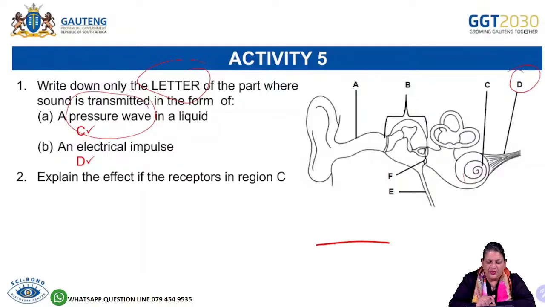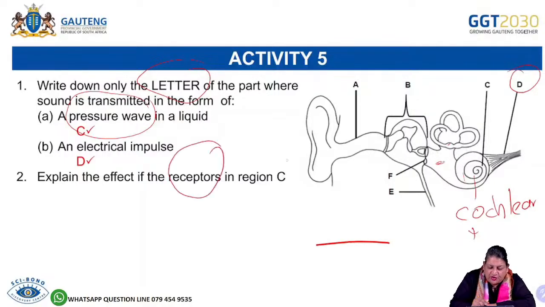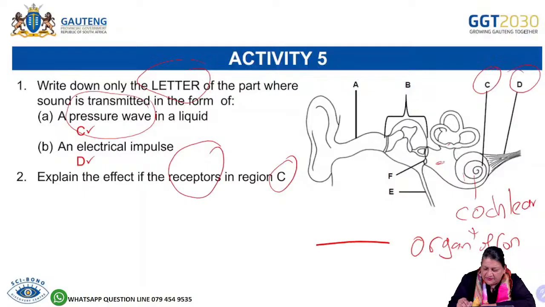Right. Next one, explain the effect if receptors in region C. Region C. What receptor is in region C? The cochlea. It's only the organ of Corti. Remember that the cristae and the macula are found in the semicircular canal and utriculus and sacculus, but in the cochlea, the only receptor you're going to get in C is the organ of Corti.